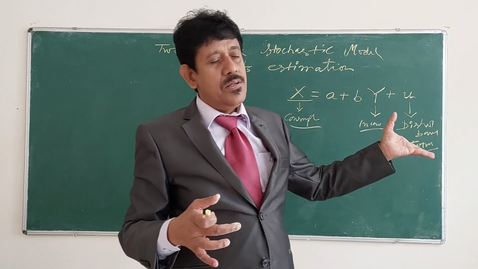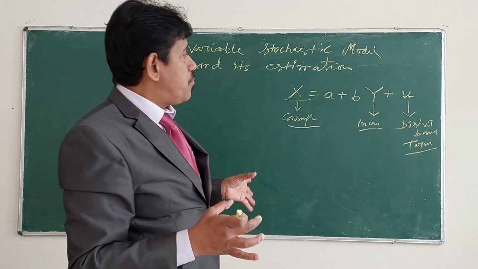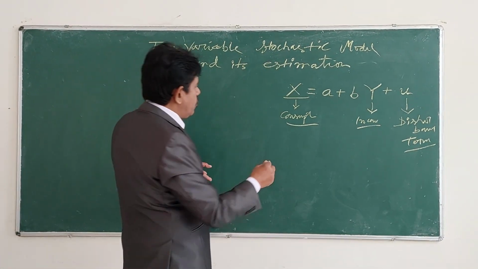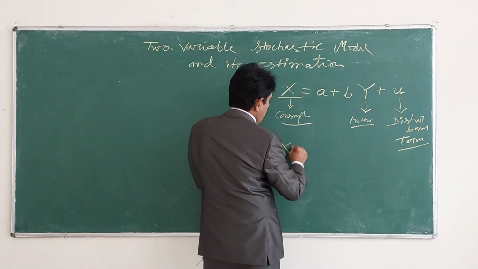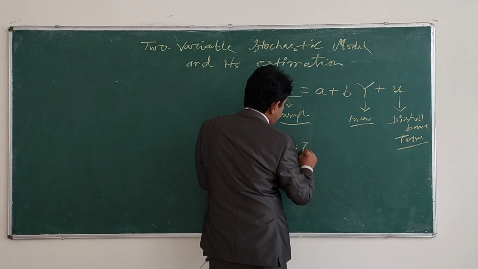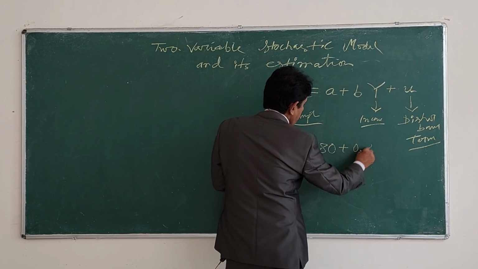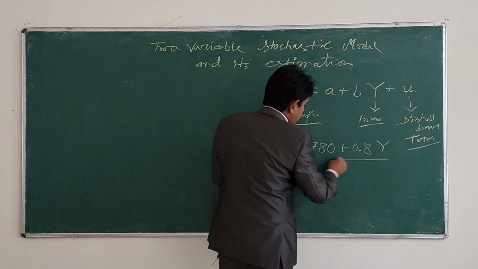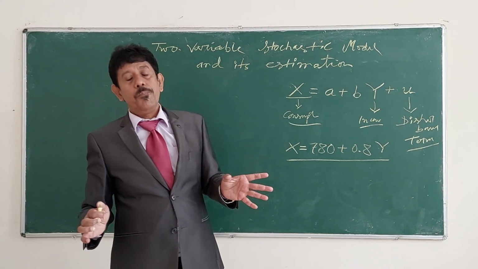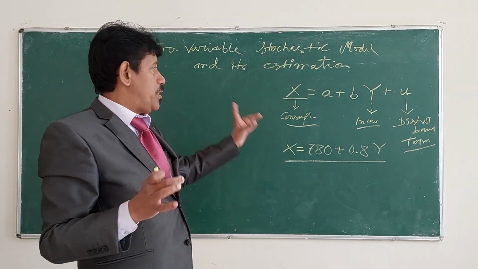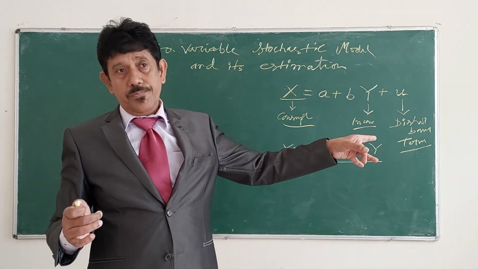I had given a numerical example yesterday, which can be represented as 780 plus, let us suppose, 0.8y. Let us suppose this is the numerical form of the relationship between income and consumption.